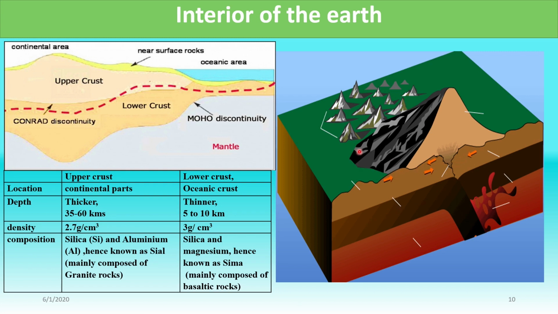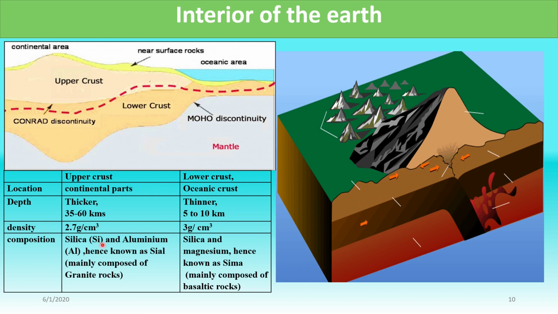Continental crust is thicker, 55 to 60 km. Oceanic crust is much thinner, 5 to 10 km. Density of the upper crust is 2.7 gram per centimeter cube, whereas the lower crust has 3 gram per centimeter cube.